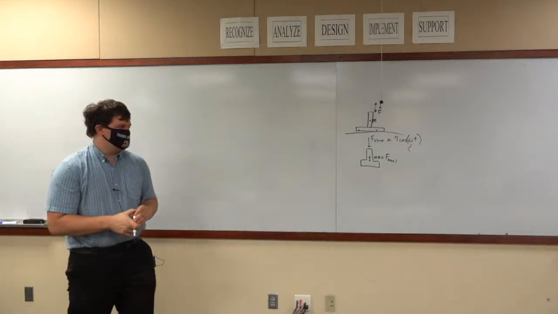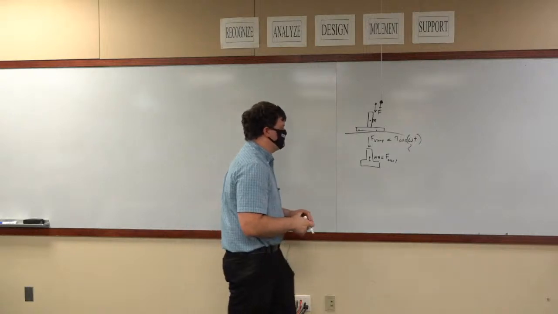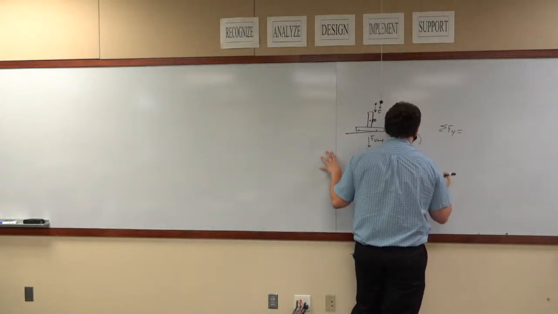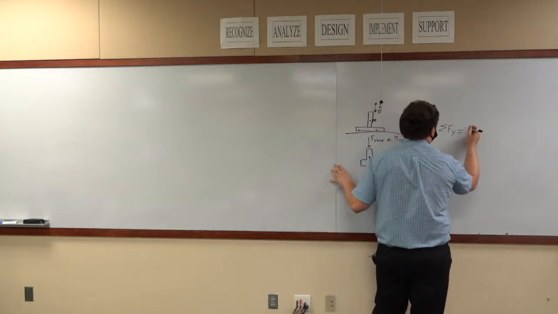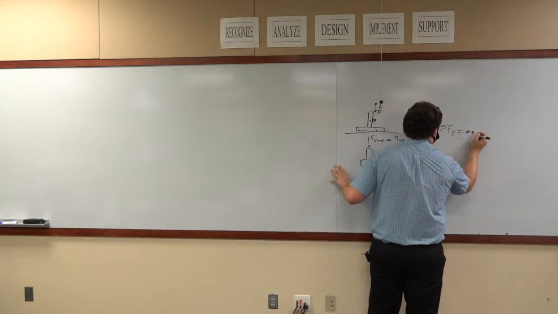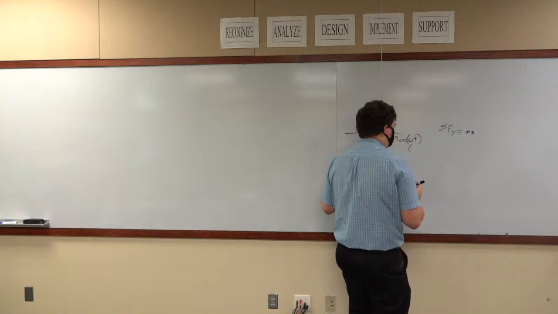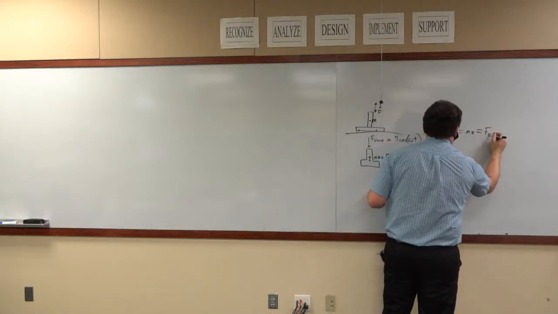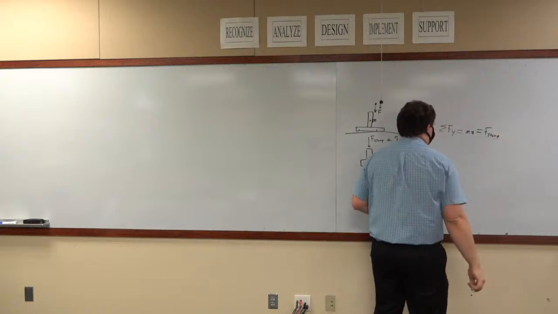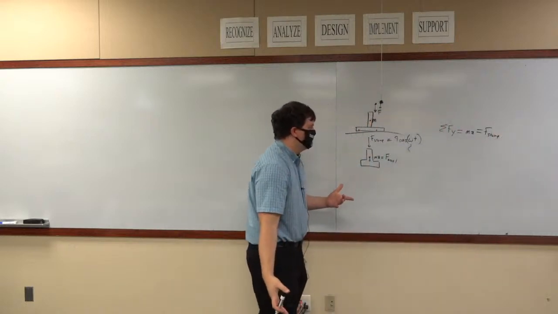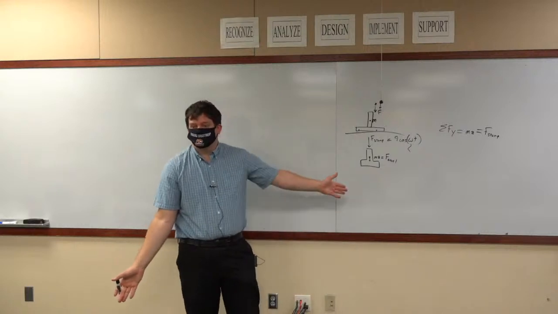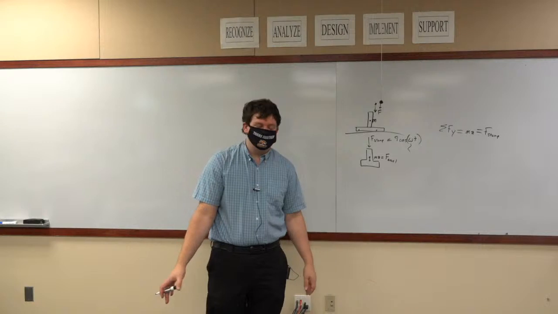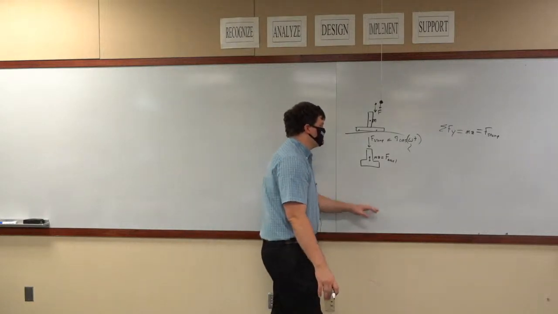When we're dealing with dynamic systems like this, the sum of the forces in the y direction is going to be equal to the mass times the acceleration. That's fine. And that's equal to F stamp. You could do that. This is assuming it's just floating in air, endlessly swinging. You could do something like this.